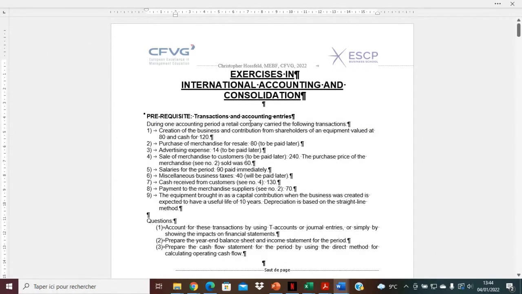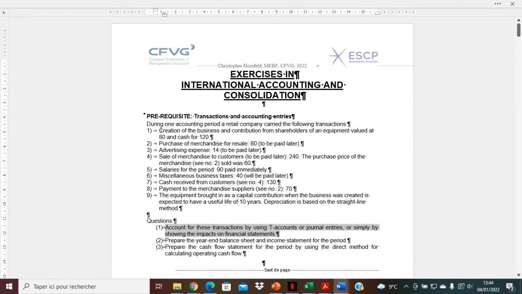During one accounting period, a retail company carried out the following transactions, and here we have 9 transactions. What we have to do is account for all these transactions using T accounts or the journal, or simply by showing the impacts on the financial statements. I want you to work on this exercise for, let's say, 15 minutes or so, and then we will do a break, and after the break, we will do the solutions.